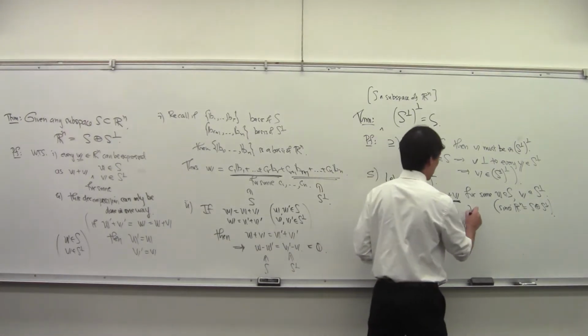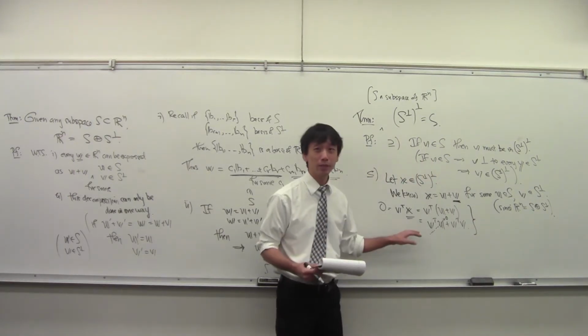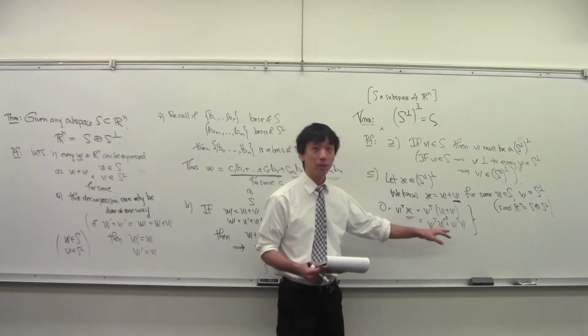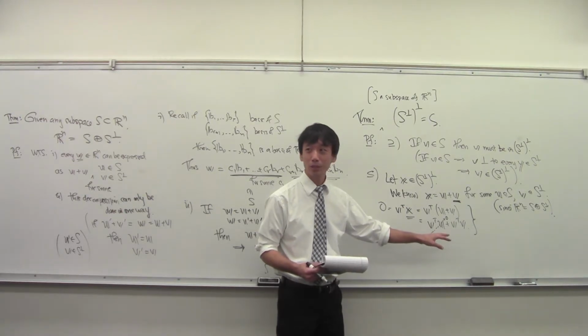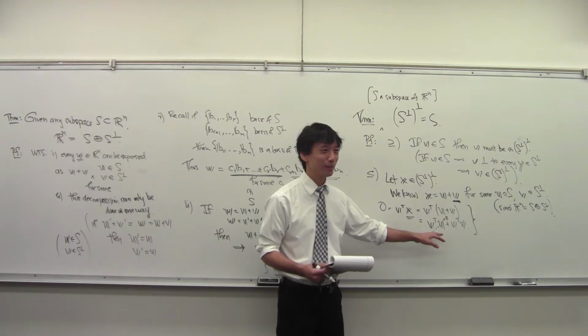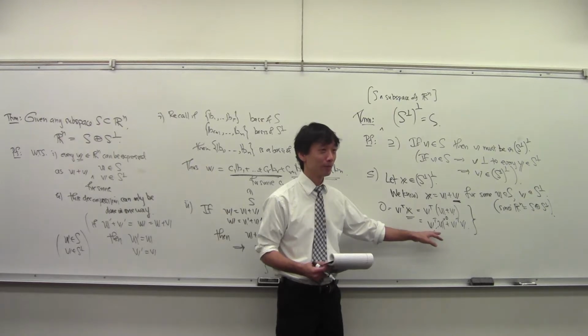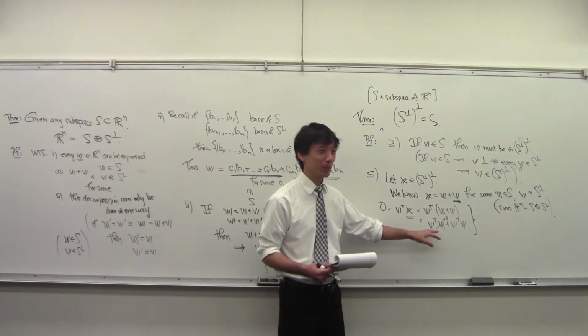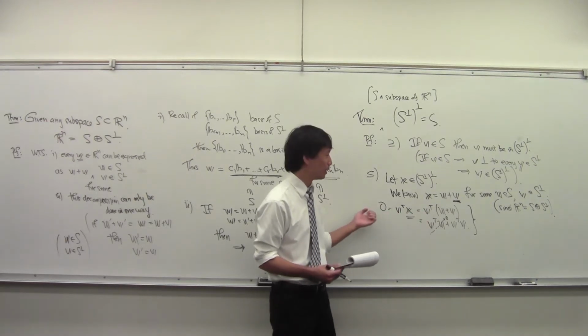But what does that tell us? That tells us that v transpose v, the dot product of v against itself, is 0. But what does that tell you about v? Julie: Well, if something dotted against itself is 0, it's perpendicular to itself, which means that it has to be 0.